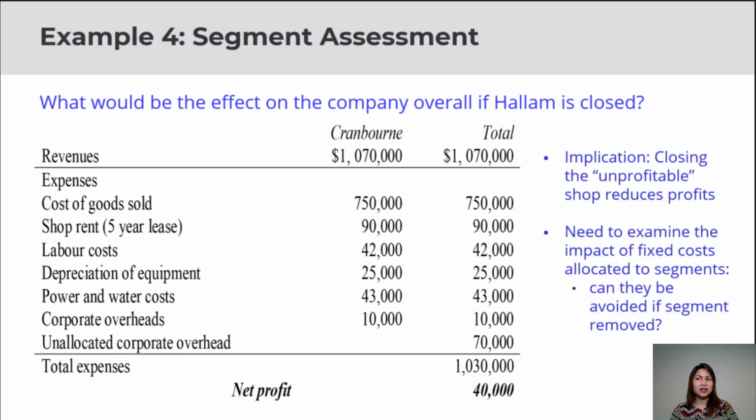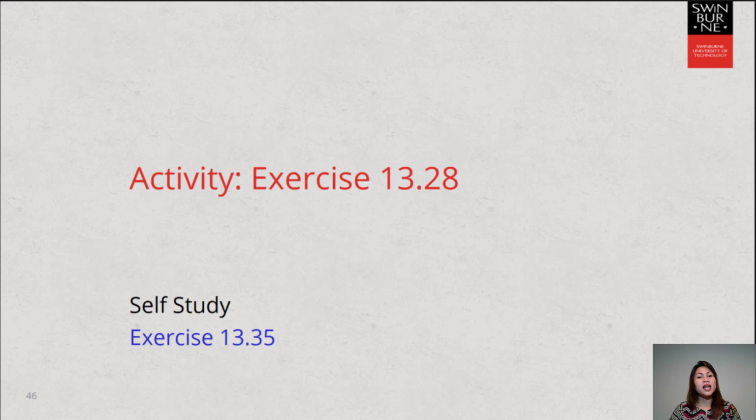Think about the impact on company reputation and whether you have to prepare a package if you have quite a number of permanent staff working for you at the Hallam branch. Now let's move on to the exercise from the textbook.